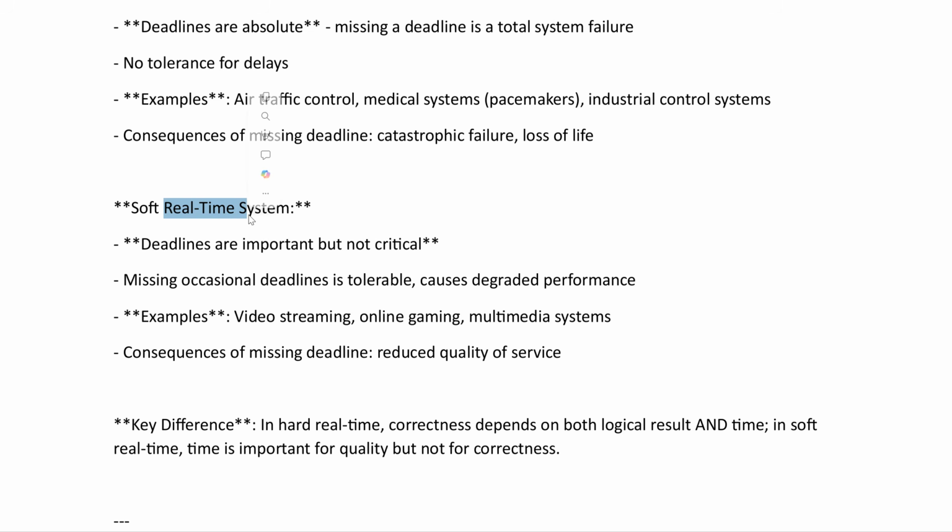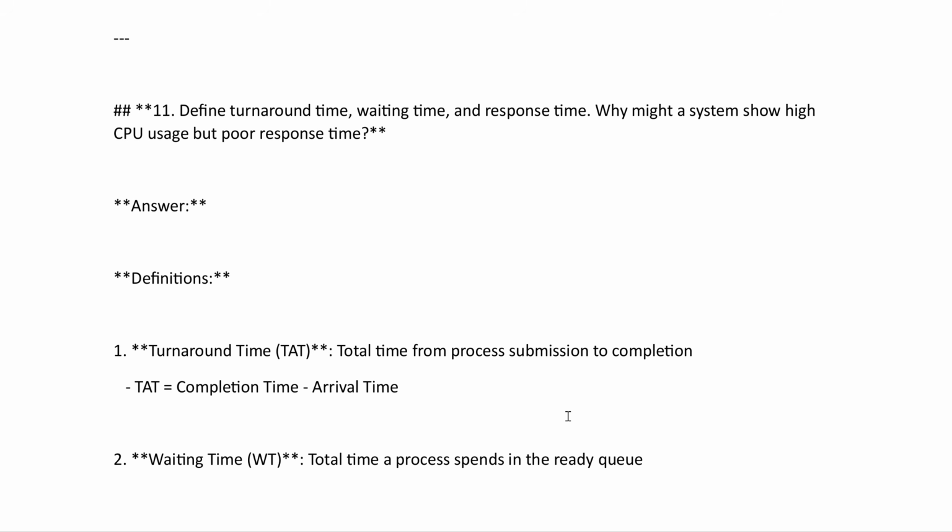The consequence of missing a deadline in soft real-time systems is that the quality of service is reduced. Only the quality of service is reduced, there is no loss of life. So the key difference between these two is that in hard real-time systems, correctness depends on both logical result and time. In soft real-time systems, time is important for quality but not for correctness.